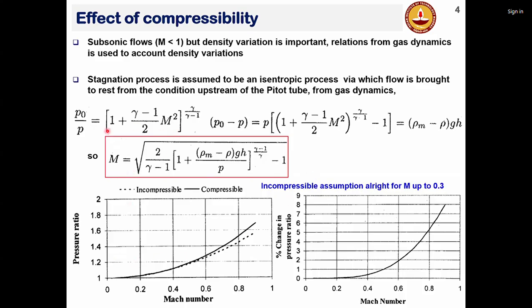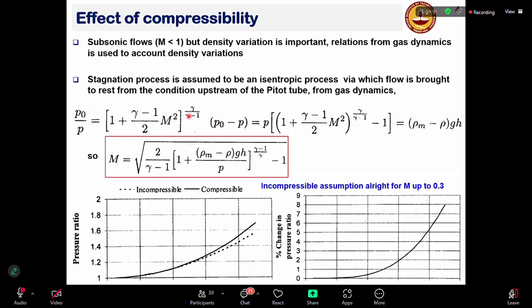Now, this pressure ratio P naught over P is actually a function of Mach number. You can see that on the x-axis you have the Mach number, and on the y-axis you have the pressure ratio.